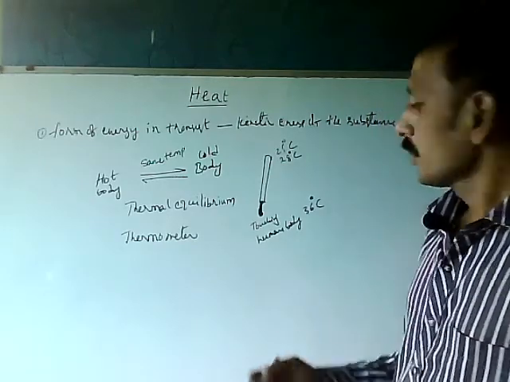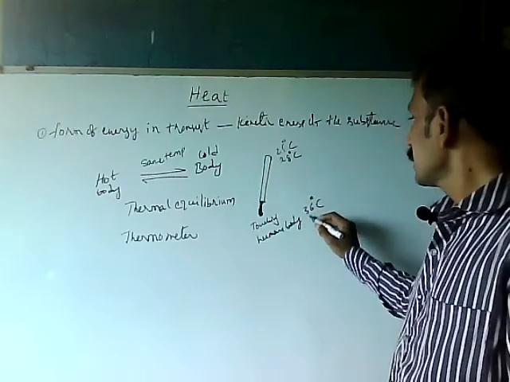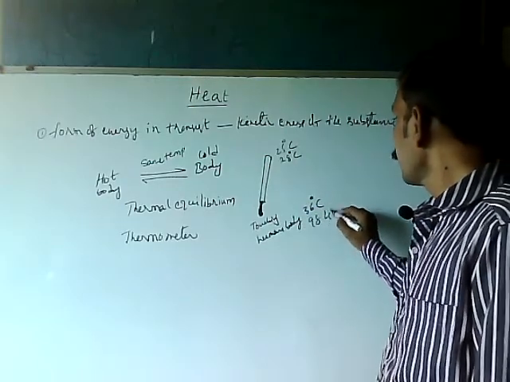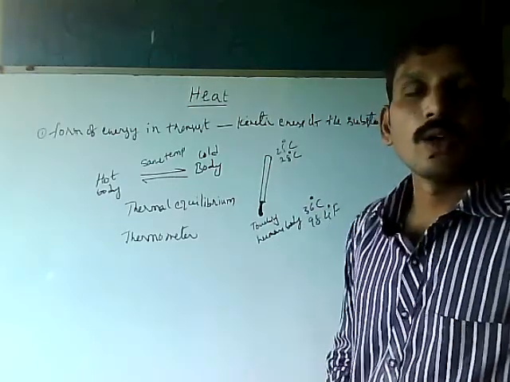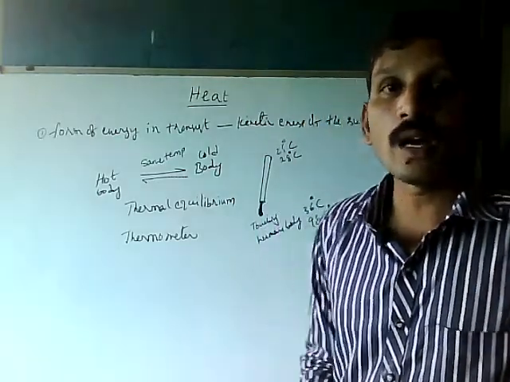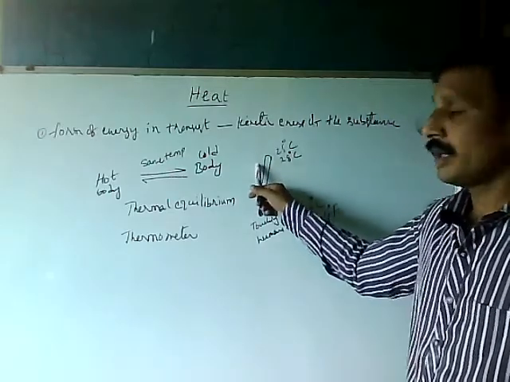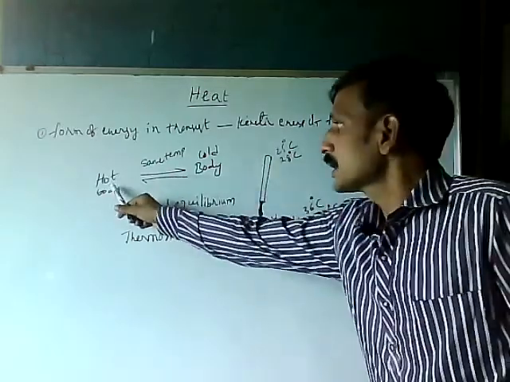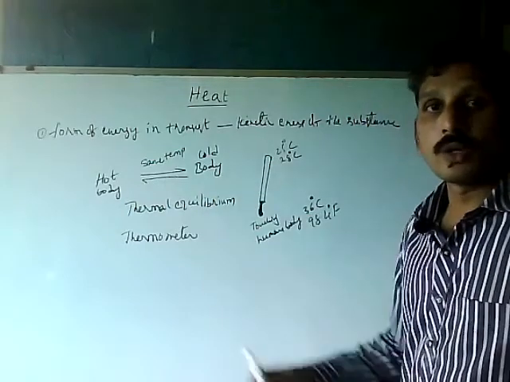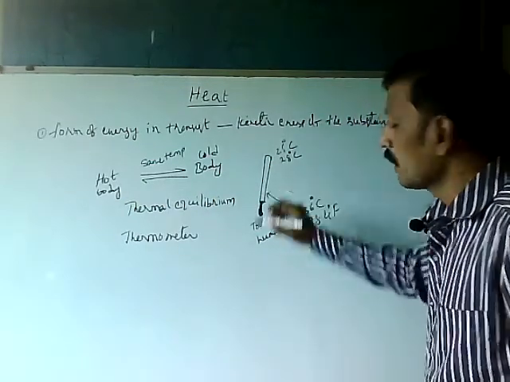When we get a fever, it is greater than 36 degrees Celsius or 98.4 degrees Fahrenheit. When the thermometer touches our body, the human body is hotter than the thermometer. So heat transfers from hot body to cold body, from our body to the thermometer.